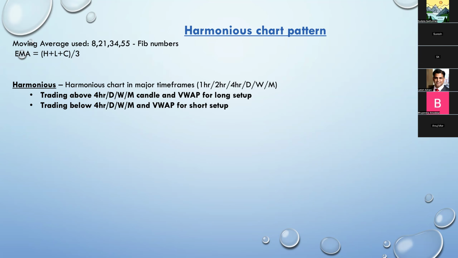What does it mean? If price is trading above the 8, 21, 34, 55 EMA, and the 55 is trading above 34, 34 is trading above 21, 21 is trading above 8, that is called a harmonious chart for long setup. Reverse, it will be for short setup.